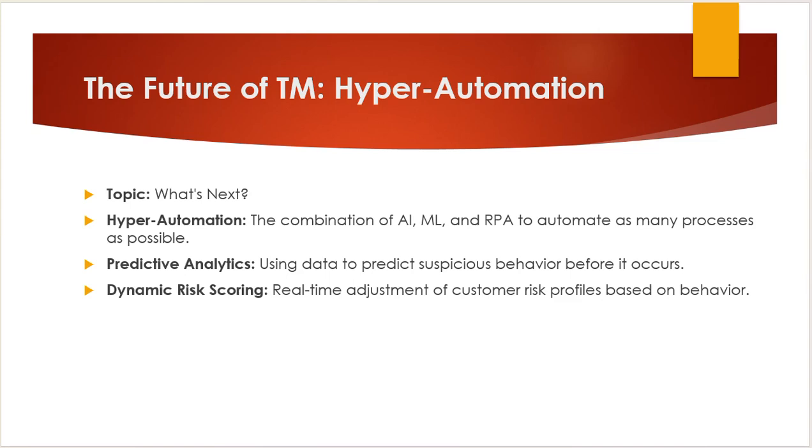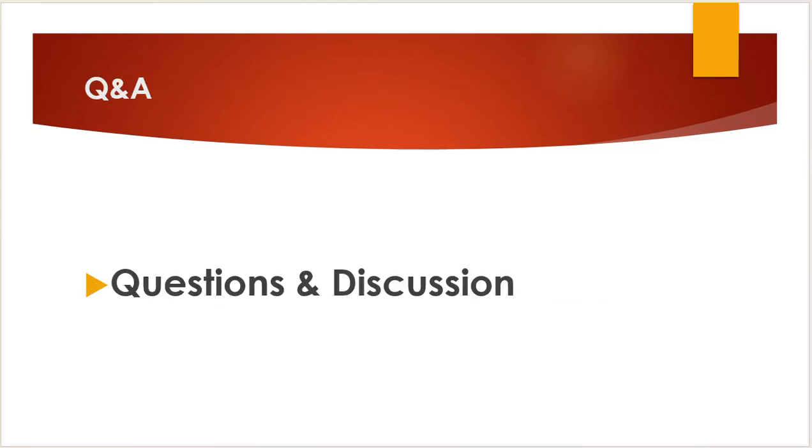And dynamic risk scoring: real-time adjustment of the customer risk profile based on behavior. The system will analyze customer behavior to determine whether transactions are suspicious or genuine. So those are the benefits we will get from implementing an automated case management system.